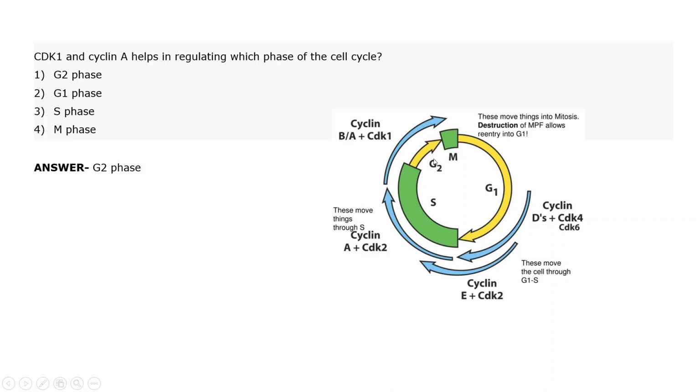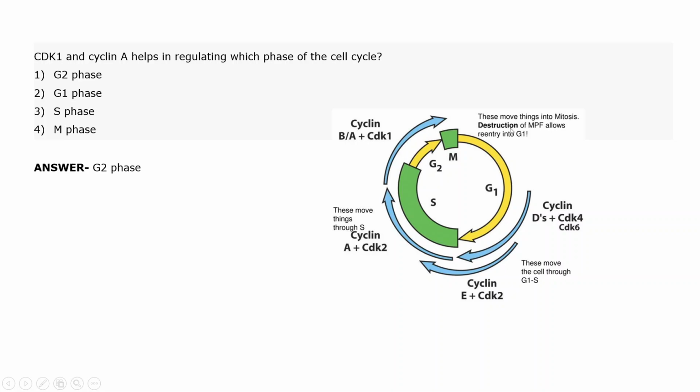However, when G2 phase needs to transition into M phase, cyclin B interacts with CDK1, and the transition into M phase takes place because of this interaction. Then the anaphase promoting complex becomes active and degrades cyclin B so that anaphase can happen, and once telophase and cytokinesis happen, M phase can transition to G1 phase.